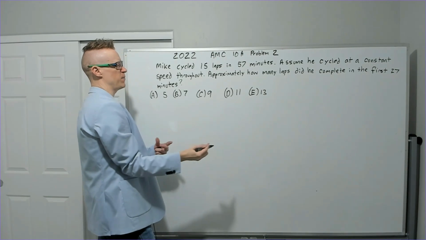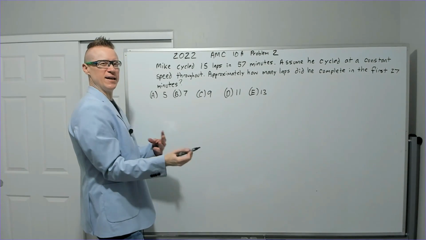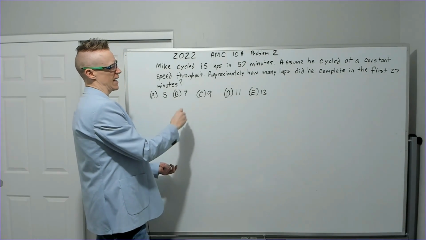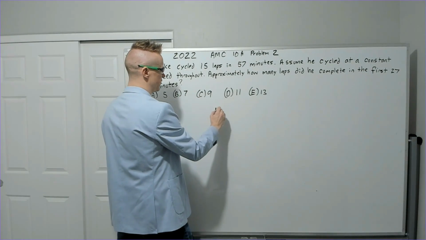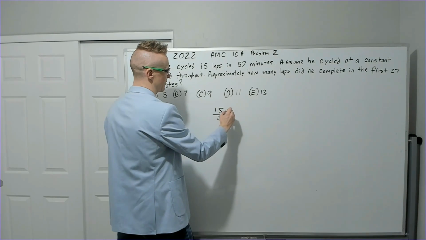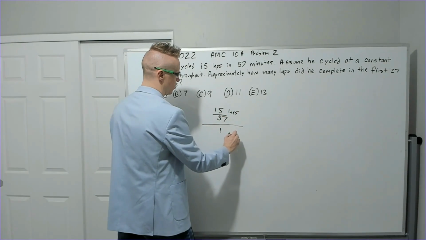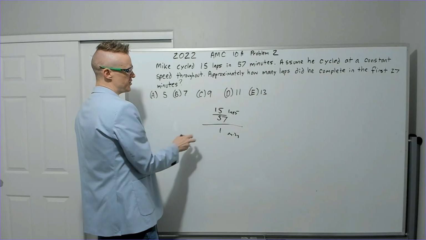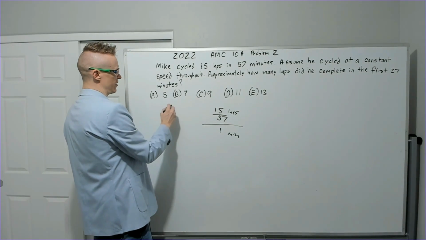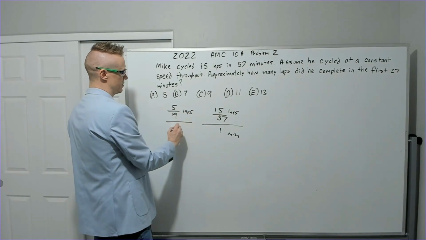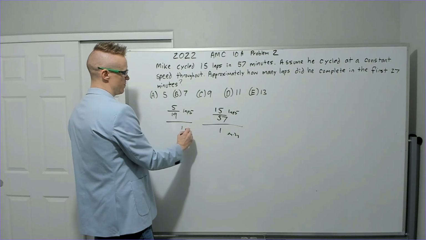So you might want to think about his laps per minute or minutes per lap. So if you do laps per minute, it would be 15 over 57 laps, and then you could make it per 1 minute like this. If you want, you can divide by 3 here. You will get 5 over 19 laps per 1 minute.